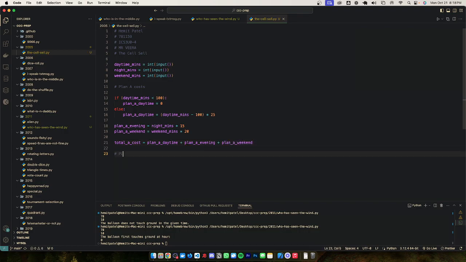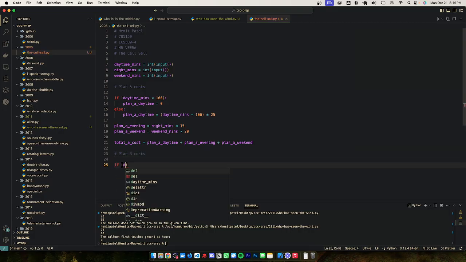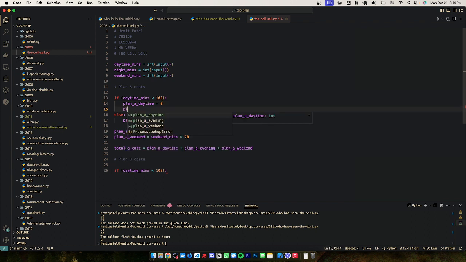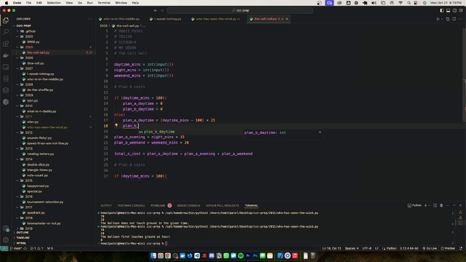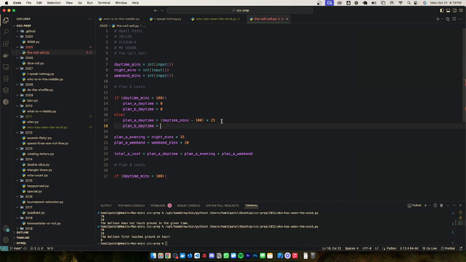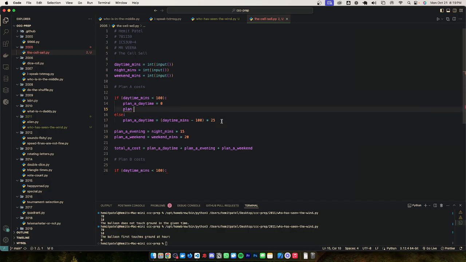All right, now let's do plan B costs. Very similar. So we're going to start off with daytime minutes. If it's over 100, or I'll do this in here actually to save us some time. It's going to be 0, and then here is going to be plan B daytime, or sorry, I can't do it here, my bad, because it's different.